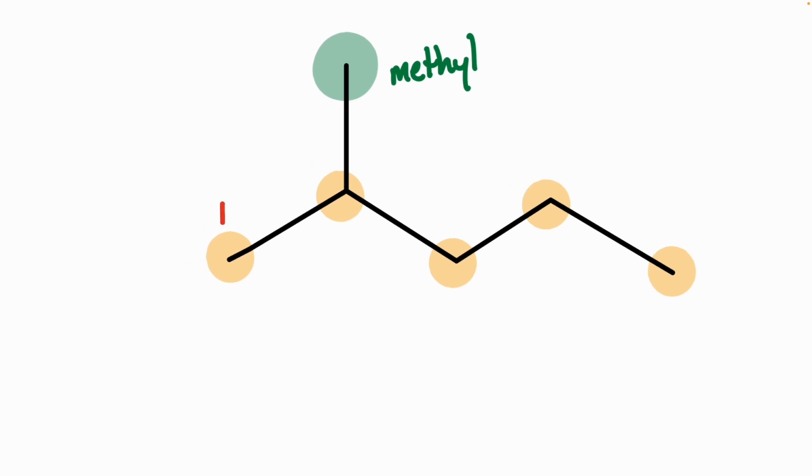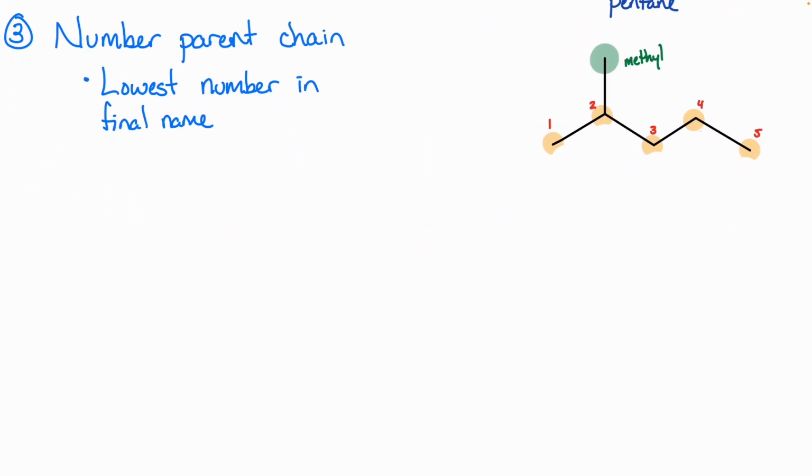So I can either say 1, 2, 3, 4, 5, or I can go the other direction, 1, 2, 3, 4, 5. All right, and I'm going to look at these two numbering schemes, and I'm going to pick the one that gives the lowest number in my name. Puts that left methyl group on the lowest number carbon. So what do I want, red or blue? Red. I want my carbon number 2 to be the location of that methyl group. All right. So now the last step is we got to assemble that name.